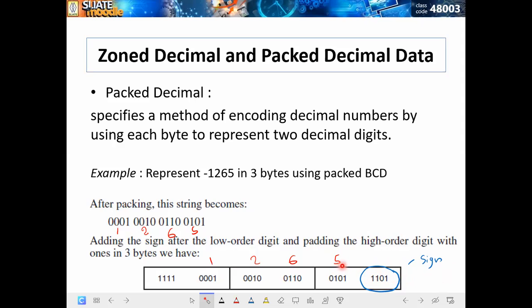After that, we put each and every digit of the decimal number. So remember, in packed decimal, first you represent the sign with the first 4 bits. Then you represent the values. If any space is left over, put 1111 there, the unsigned value.